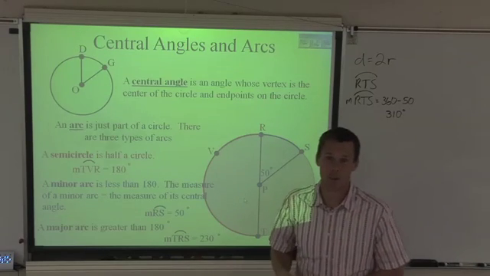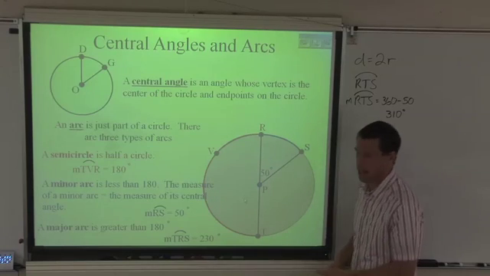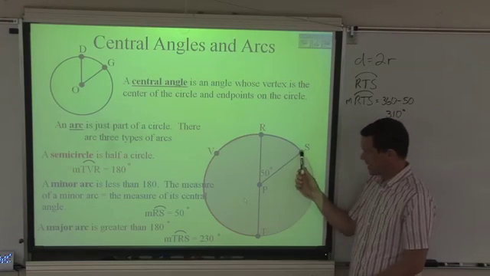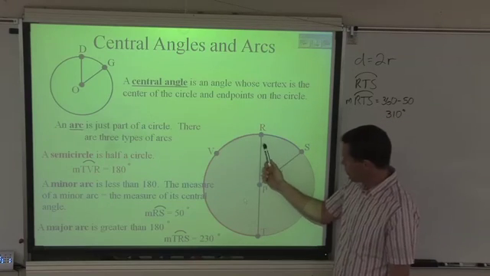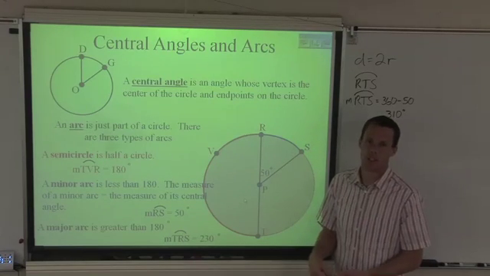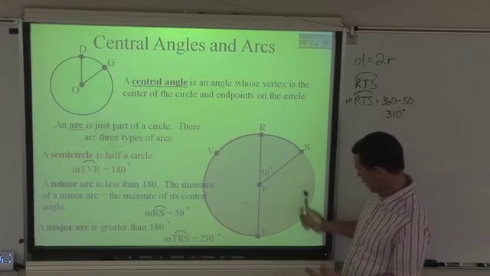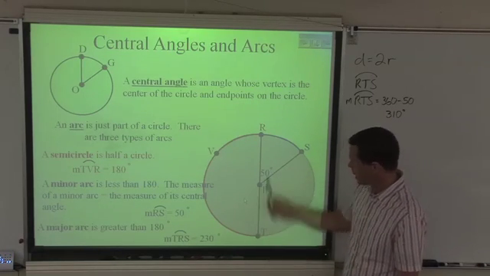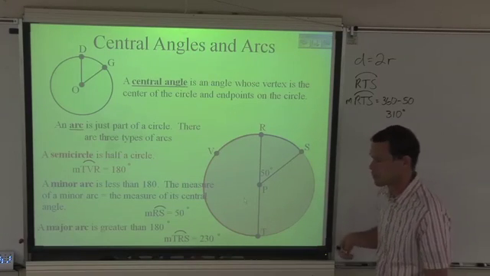There can be a lot of different ways for us to figure out arcs. There's another minor arc in this picture, S to T. That would be 180 minus 50 degrees, so 130. Here's a 130 degree minor arc. Here is a 310 degree major arc.